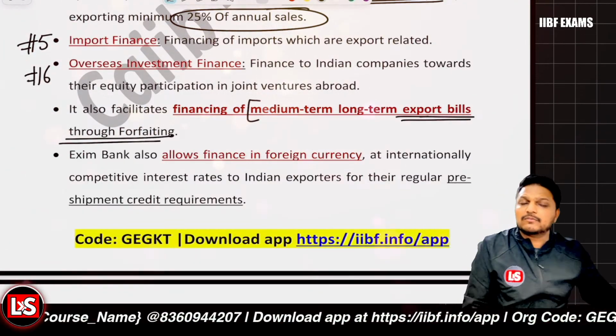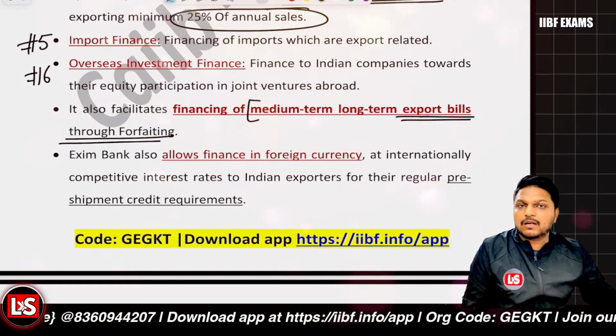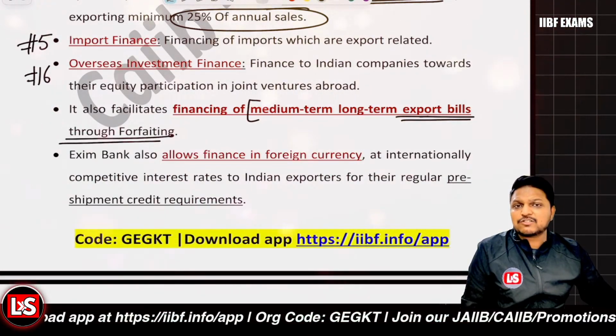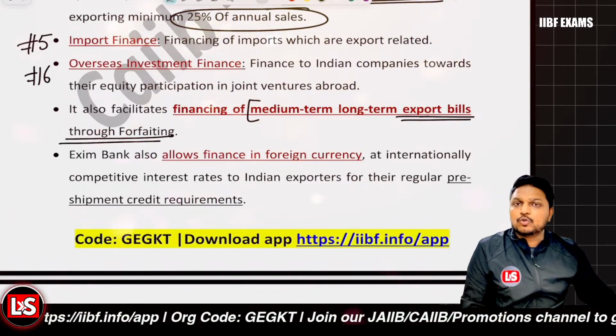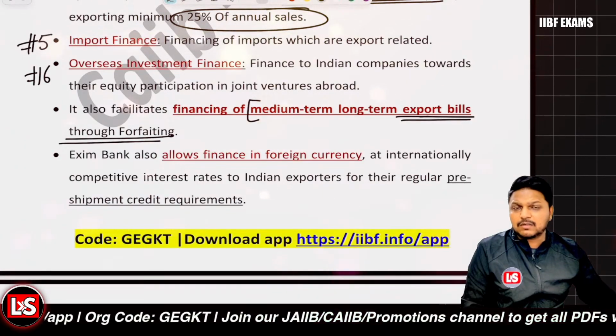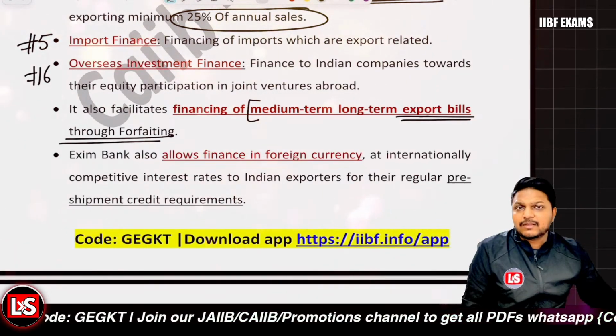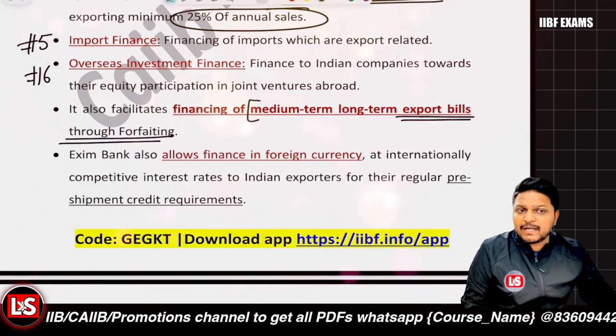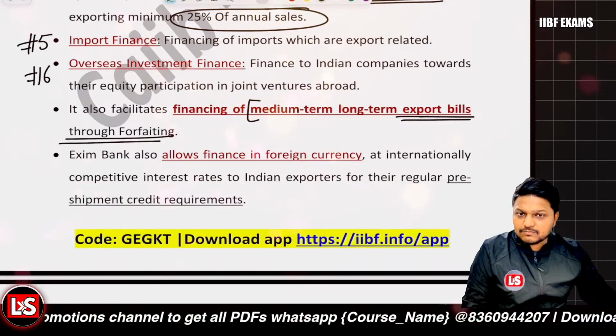Like we read about factoring, which is there domestically mostly, but forfeiting is in the international market. So Exim Bank, through their forfeiting, let's say subsidiary, is going to discount your export bills, which may be for long term period or medium term period, right?